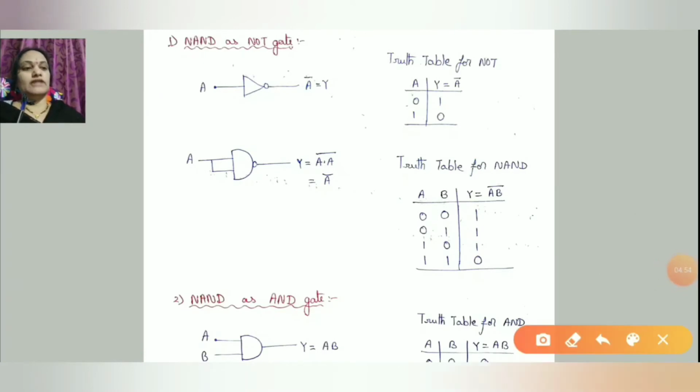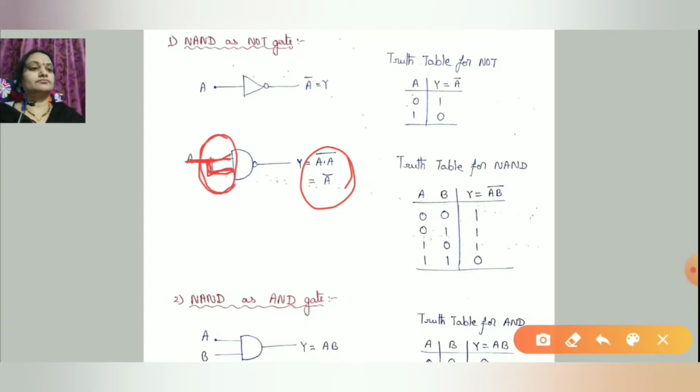Here, one thing you have to remember, that in order to get the complement of input, you have to connect both the terminals like this. Then again you have to give input. Remember that one. What? In order to get the complement of input, you have to join these two inputs.